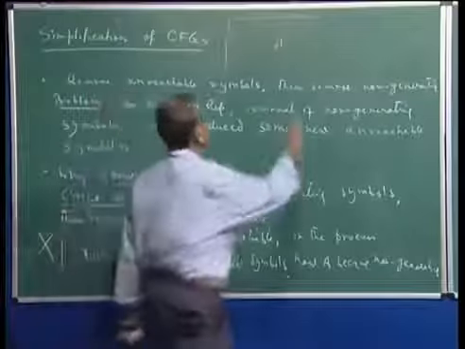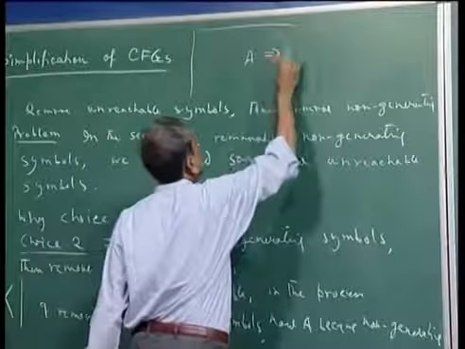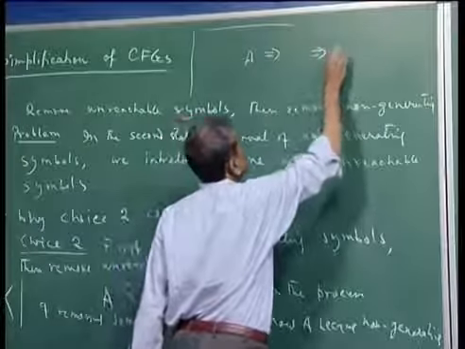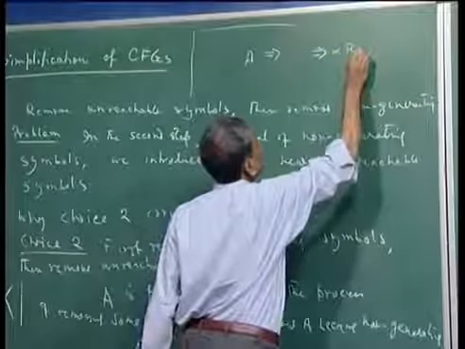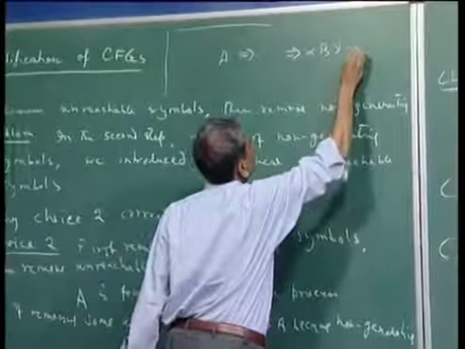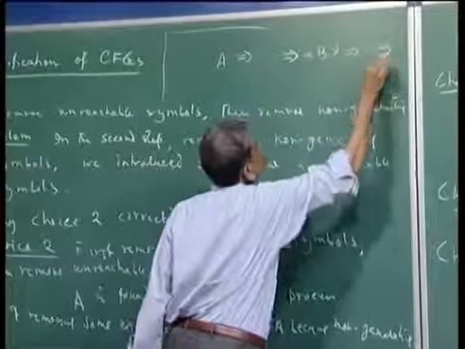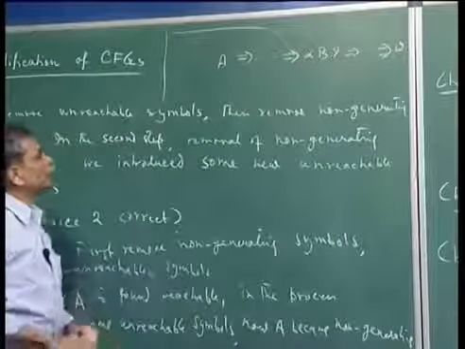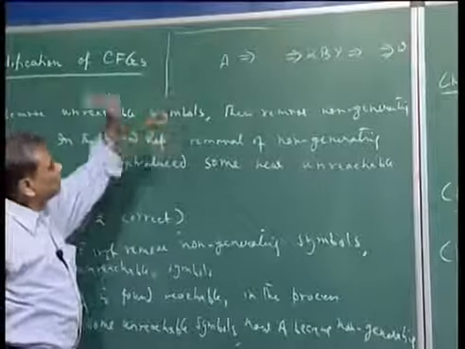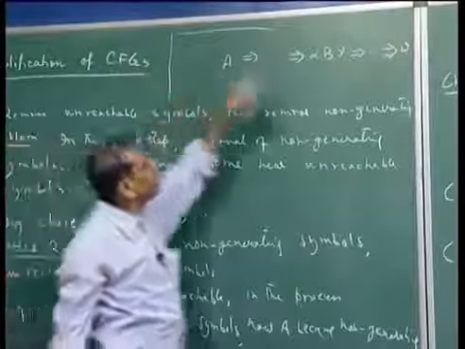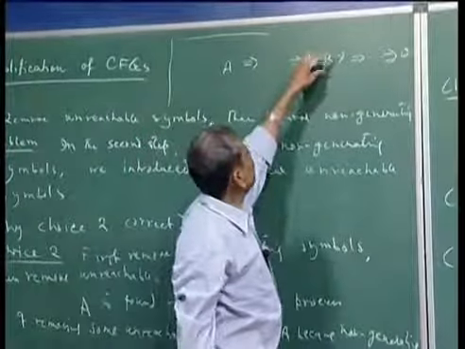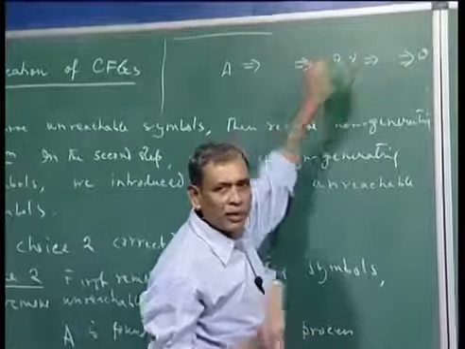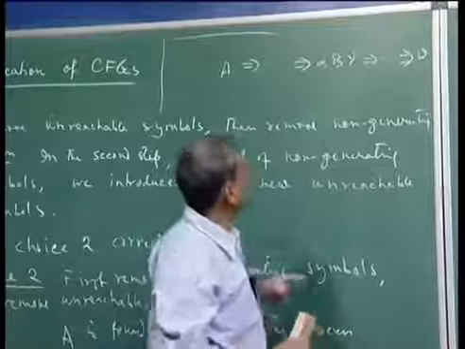So, imagine I have a sequence of steps through which I derived W. And now, there is a possibility of A becoming non-generating if I remove B. But now remember, which phase are we in?